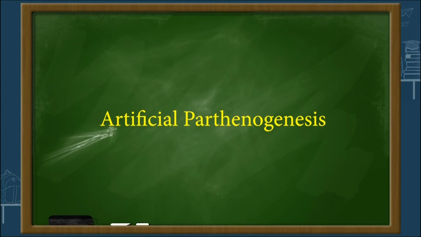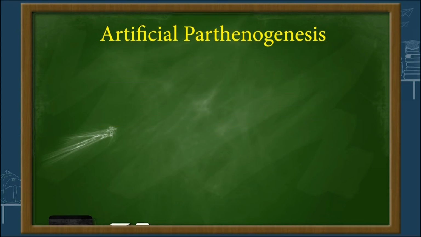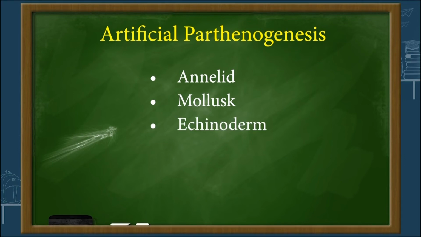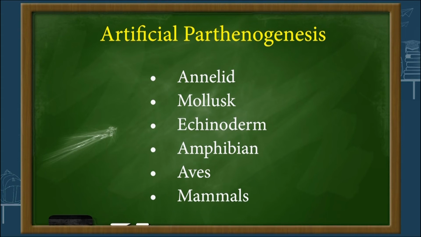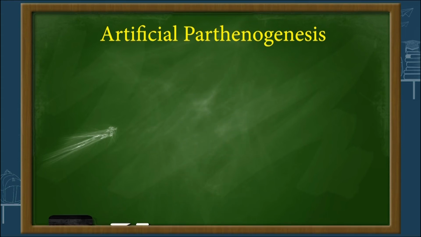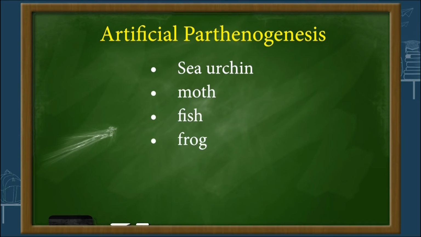It is best described to occur in lower groups of organisms such as annelids, mollusks, echinoderms, amphibians, aves, and also mammals. The best experimental successes come from the sea urchin, moth, fish, frog, turkey, hen, and rabbit.